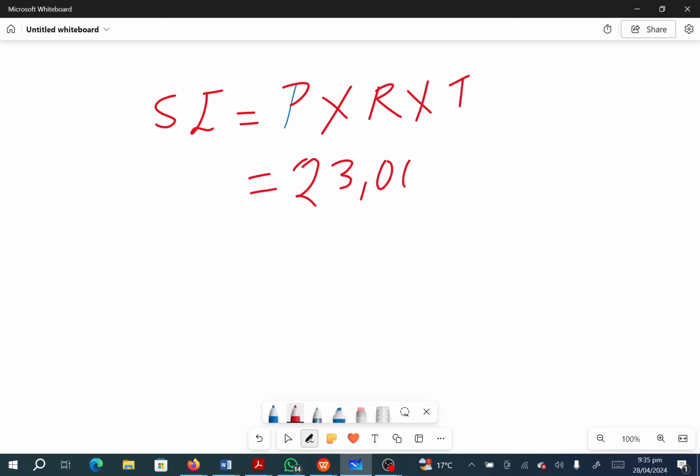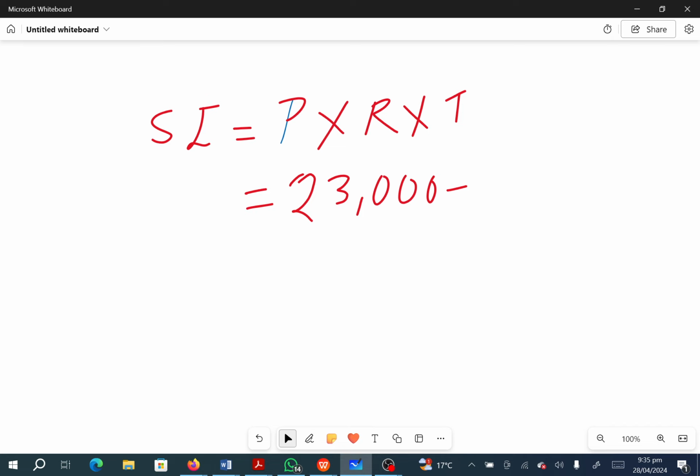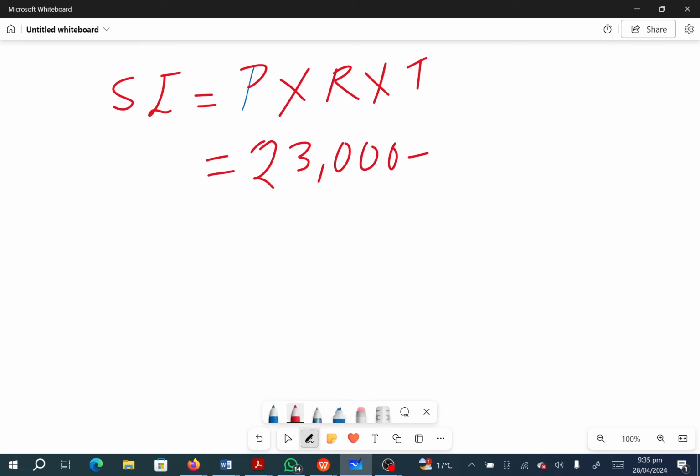So we say 23,000 minus, since we are now in scheme B, the total amount which she had was 23,000 minus an X amount which she invested now in scheme B.